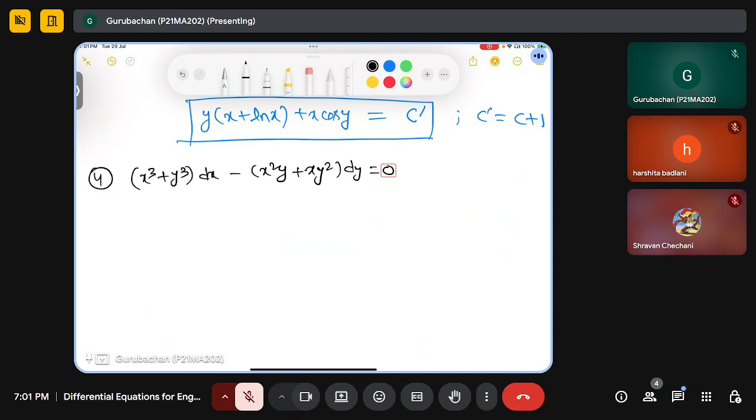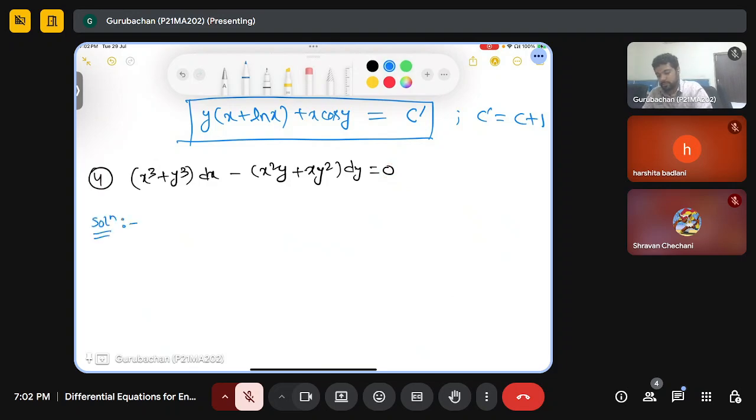Did you get to know the type of the equation? Which kind of equation is this? If you rewrite this one, it will give you x cube plus y cube.